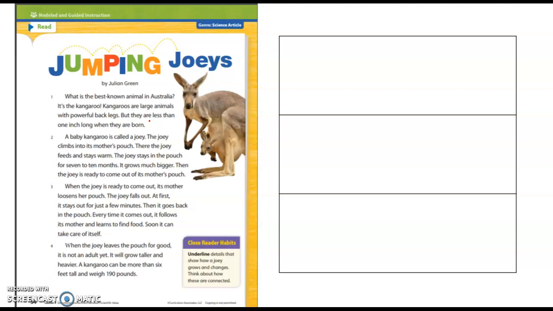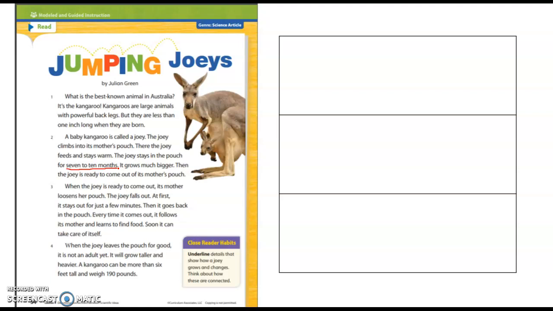There, the joey feeds and stays warm. The joey stays in the pouch for 7 to 10 months. It grows much bigger. Then the joey is ready to come out of its mother's pouch. So I'm seeing some sequence words here. 7 to 10 months gives me an idea of how long the joey stays in the pouch.